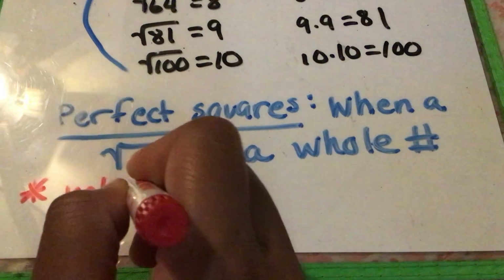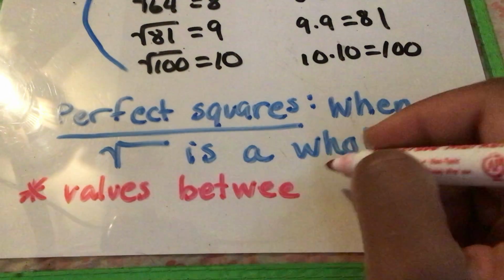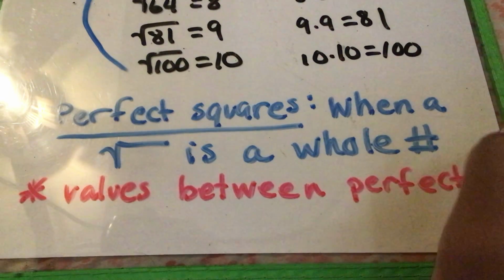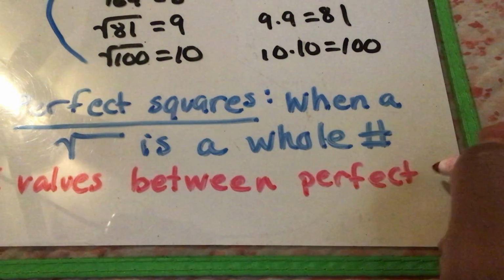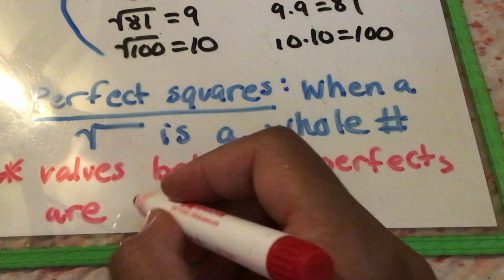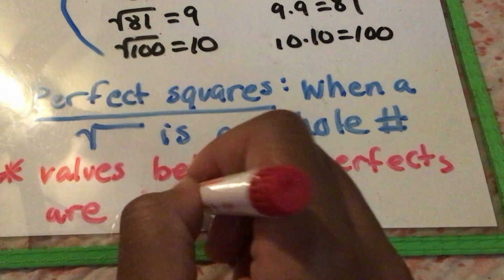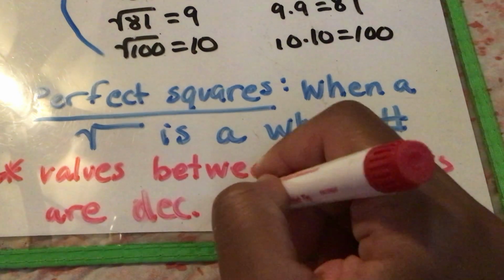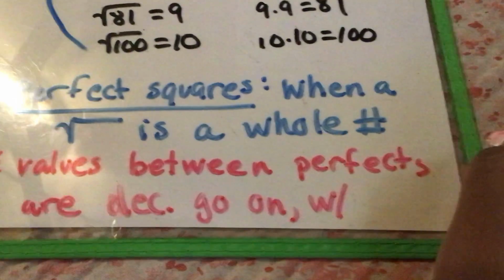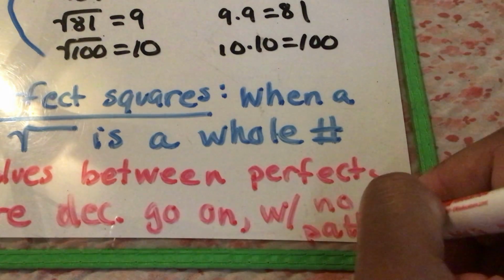So your values between your perfect squares are going to be decimals that go on forever, and there is no pattern.